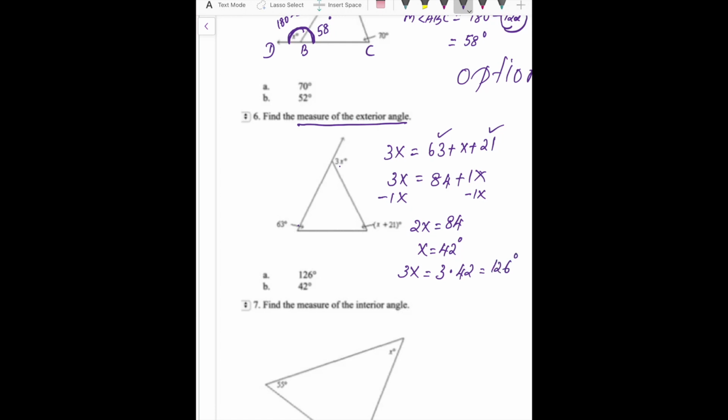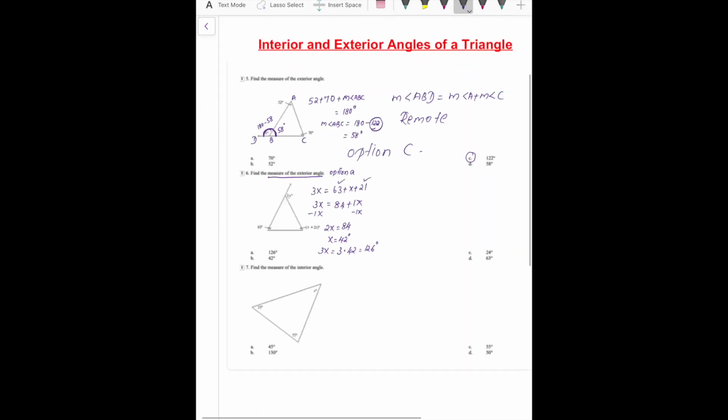So that's 126 degree. So the measurement of exterior angle is 126 degree, which is option A.